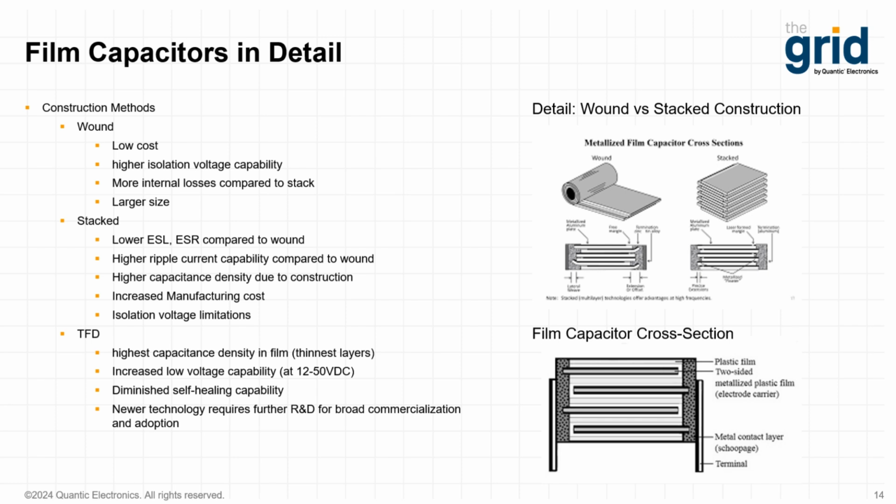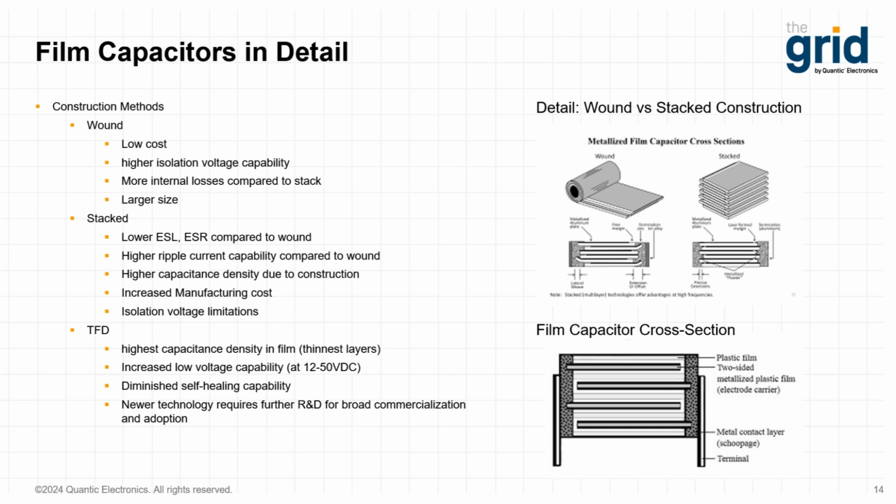Stack construction consists of many layers of parallel stacked electrodes as opposed to two continuously wound electrodes, resulting in a structure that's mechanically similar to a multi-layer ceramic. The construction allows for better cancellation of magnetic fields and lower ESL, lower ESR, due to the closeness of the current collectors of the electrodes, and it results in a self-encapsulated or boxed shape, which increases the volumetric efficiency.